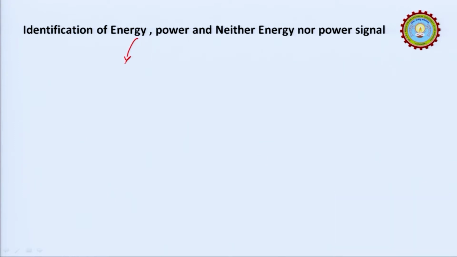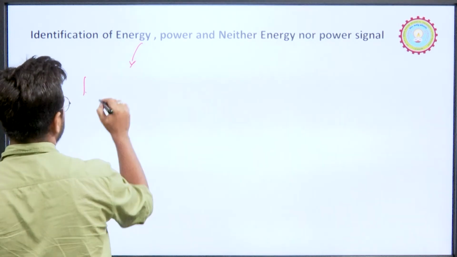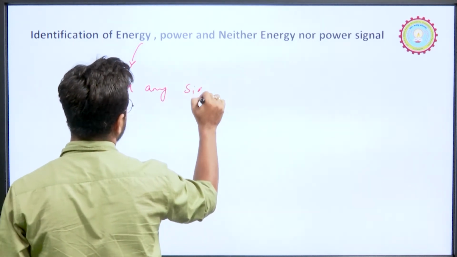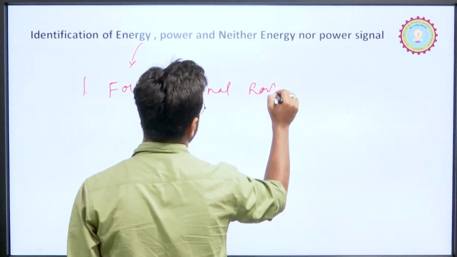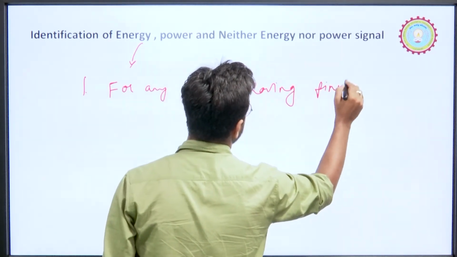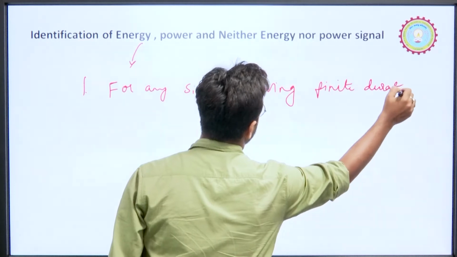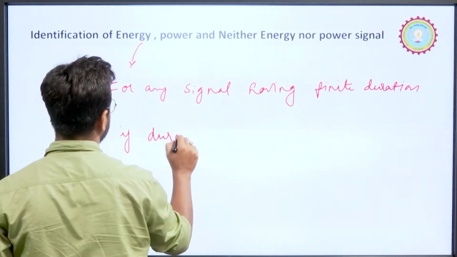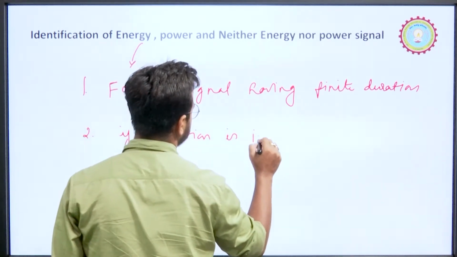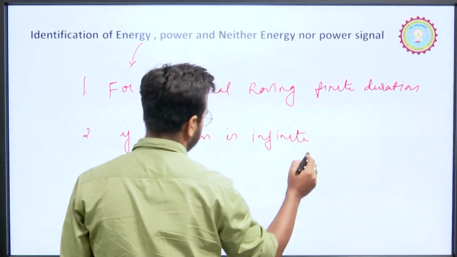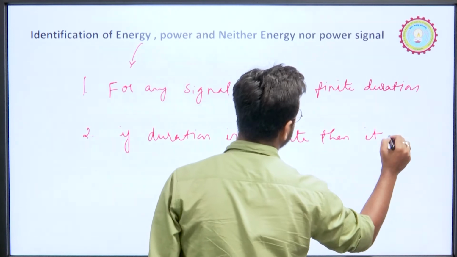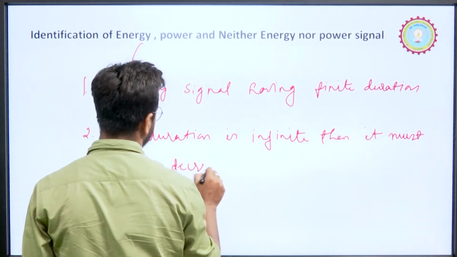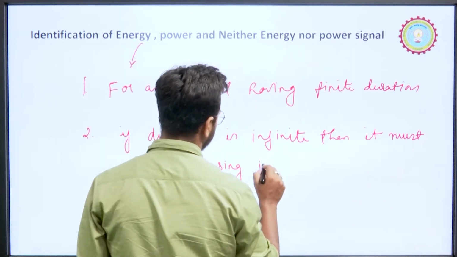For energy signal there are two conditions. First, any signal having finite duration; or second, if the duration is infinite, then it must be decreasing in nature.